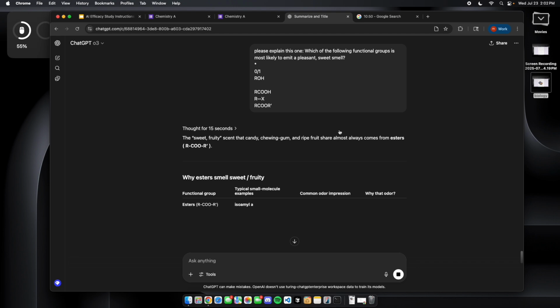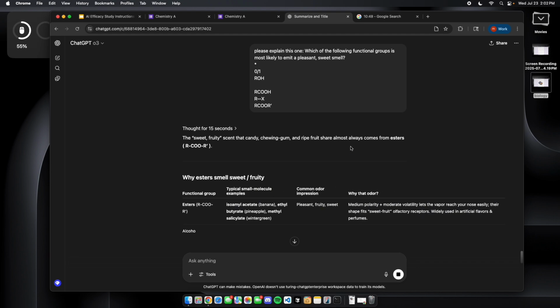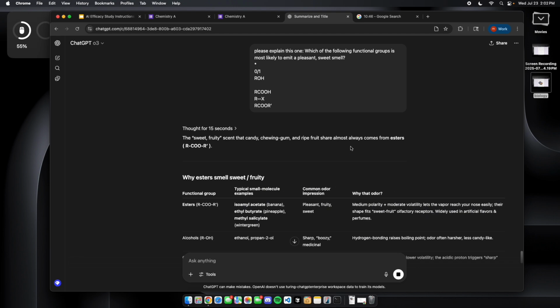The sweet, fruity scent that candy, chewing gum, and ripe fruit share almost comes from esters, RCOOR. Why esters smell sweet and fruity? Typical smell molecule examples: banana, pineapple, wintergreen.